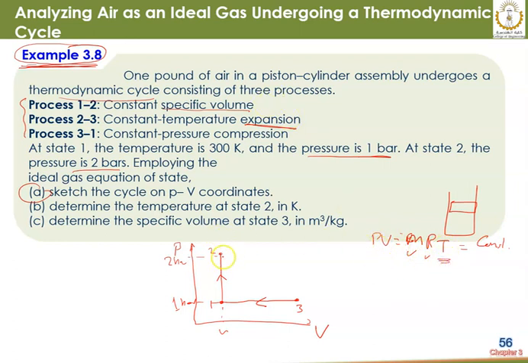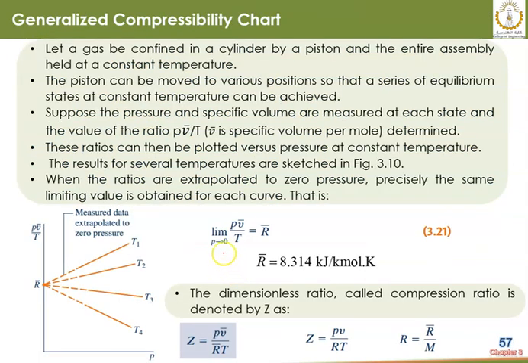So PV is constant for an ideal gas. As I said before, this is how we draw an isothermal or constant temperature process.